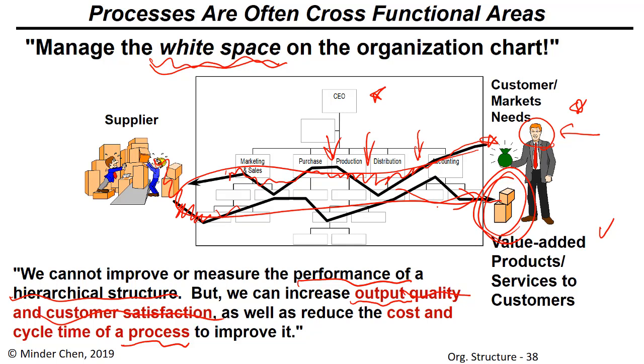We can measure the cost, the unit cost for producing a product or fulfilling an order, or the cycle time. How long would it take for us to fulfill an order? And all of that can be measured.